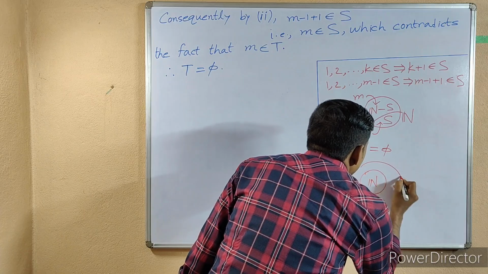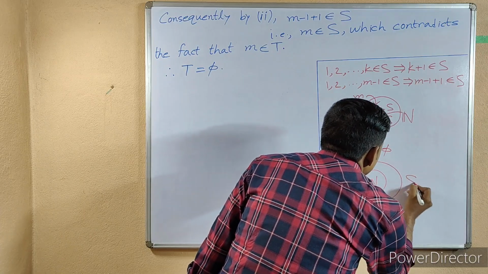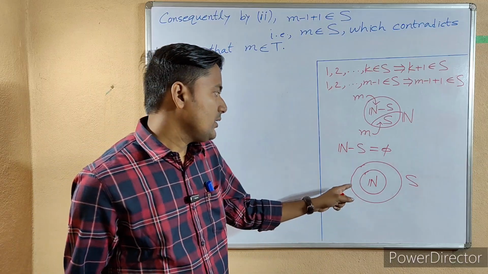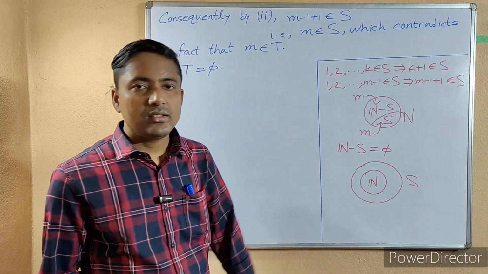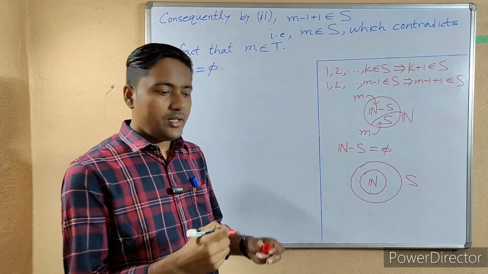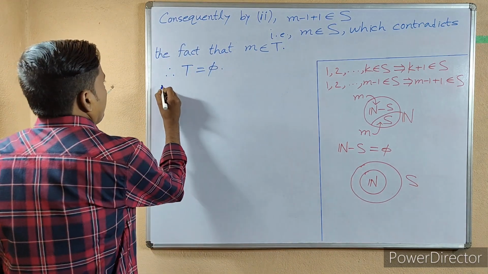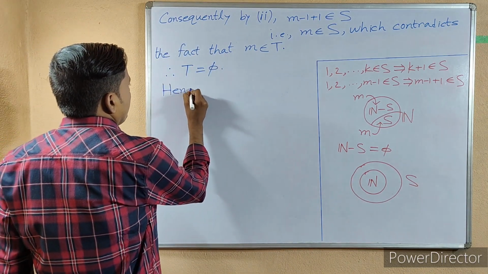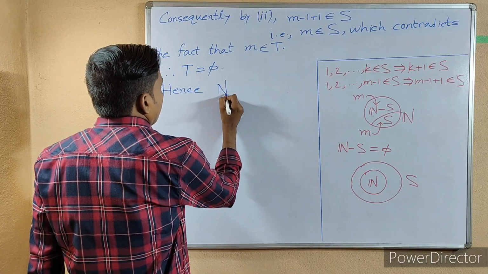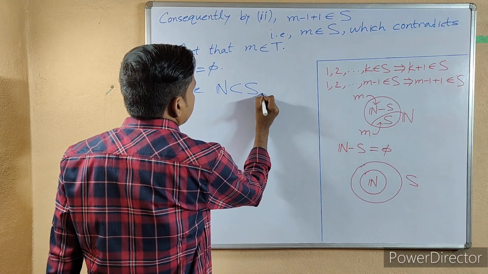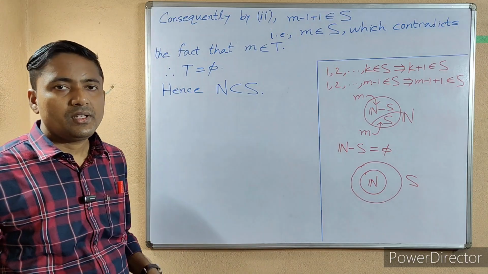This is N and this is S. Clearly N is contained in S. That is, N is a subset of S. Hence N is a subset of S. Okay.